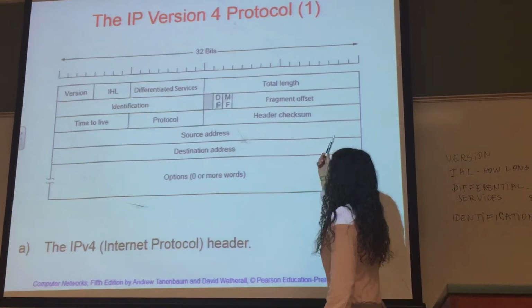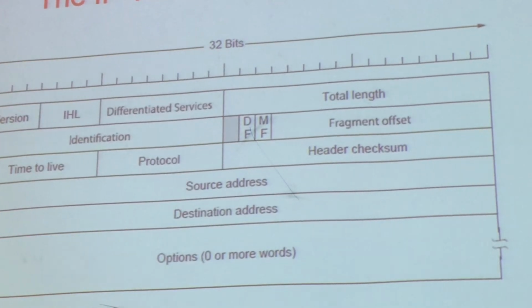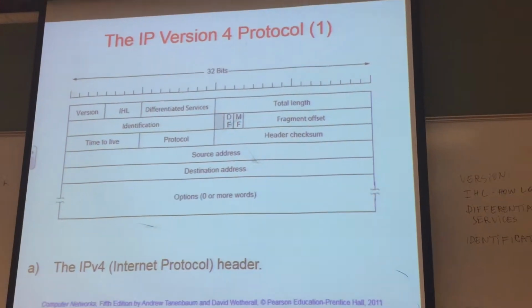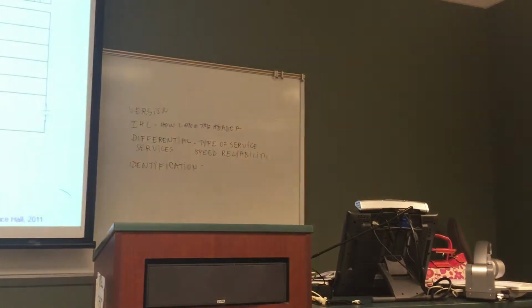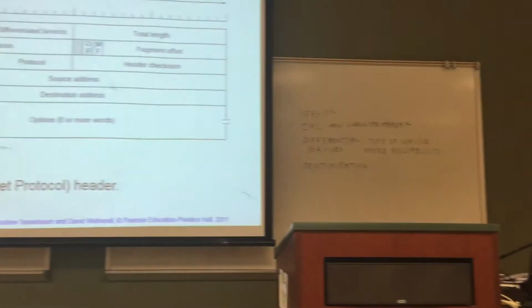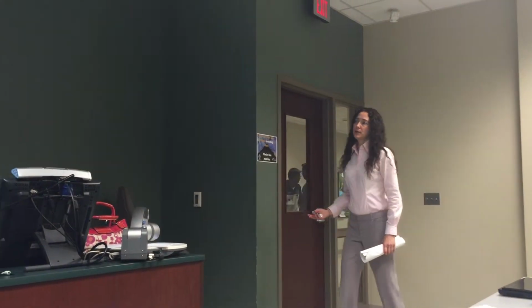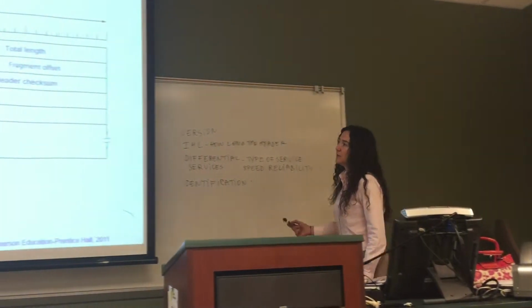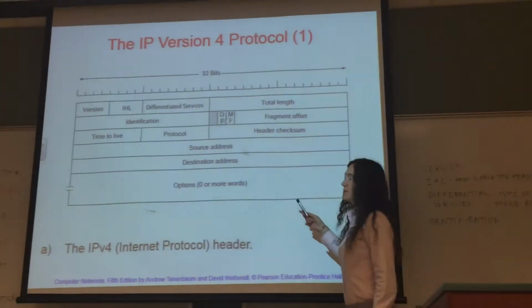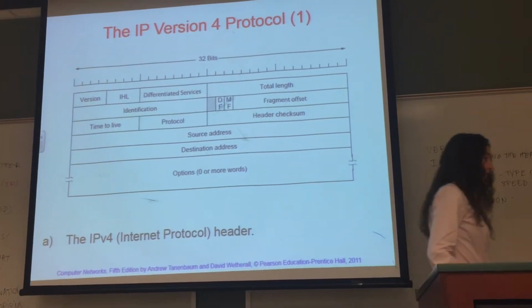And then we have a fragment offset. So let's say we have a big message that is too big to pass through a particular network. So we have the network layer, because it's dynamically adjusting to properties of all of these, packets have to go through might break the packet into pieces. So once it does that, all the pieces of the original packet would have this identification number the same.